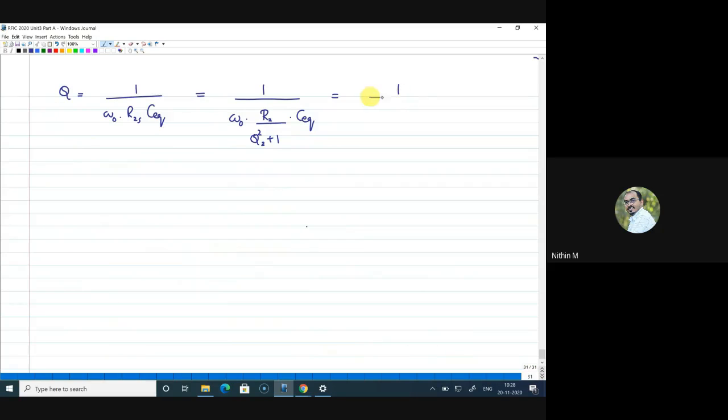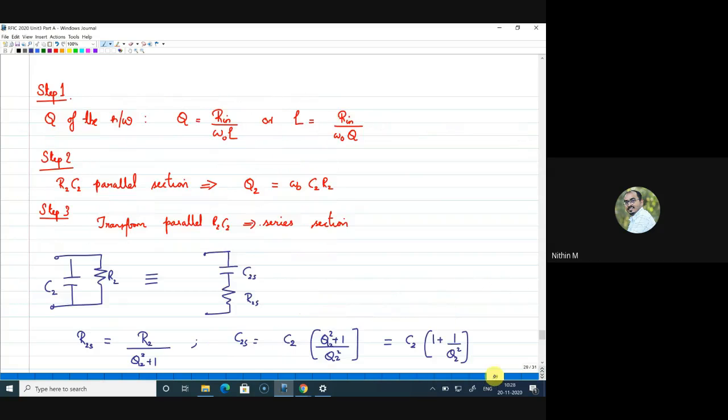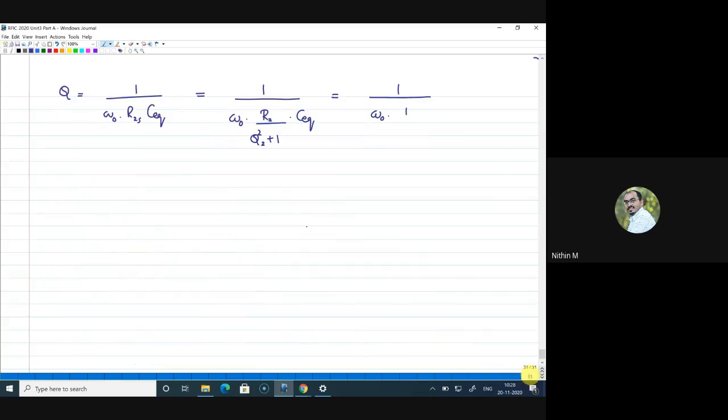So I'll bring that in also. R2 is Q2 by omega naught into C2. So Q2 by omega naught into C2 into Q2 square plus 1 into C equivalent, right?